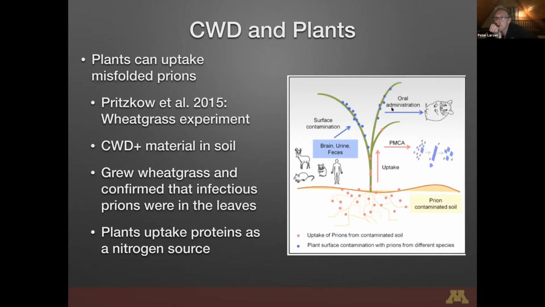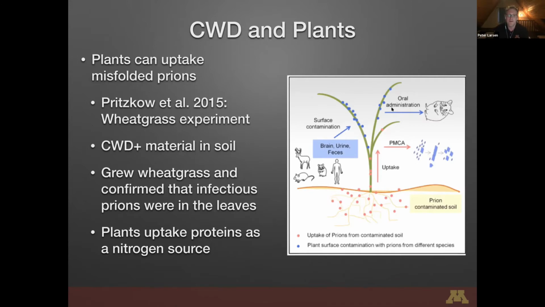So they were able to show that the misfolded prion was taken up by the plant, deposited in the leaves, did a challenge experiment by feeding the leaves to the hamster, and the hamster died, okay, of a TSE.